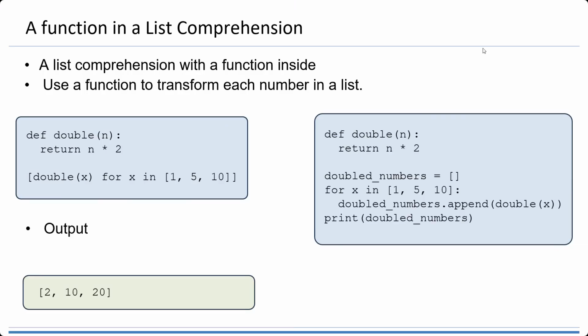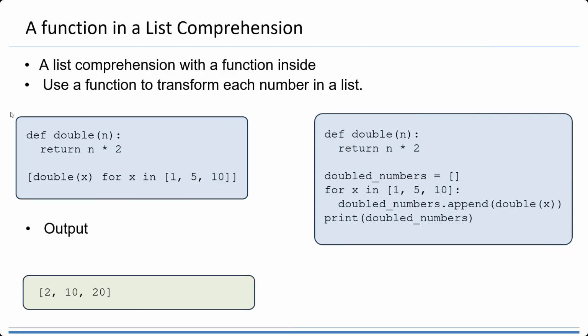In this section, I will discuss how to use list comprehension with a function. Most of the earlier examples, the list comprehension, tuple comprehension, set comprehension, and dictionary comprehension, were examples without a function.